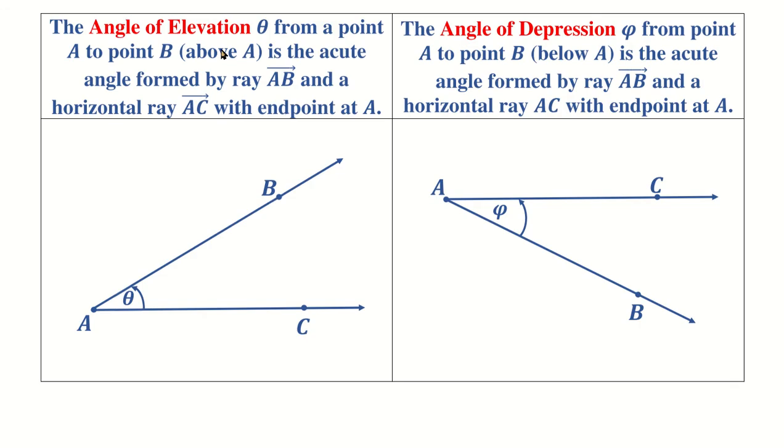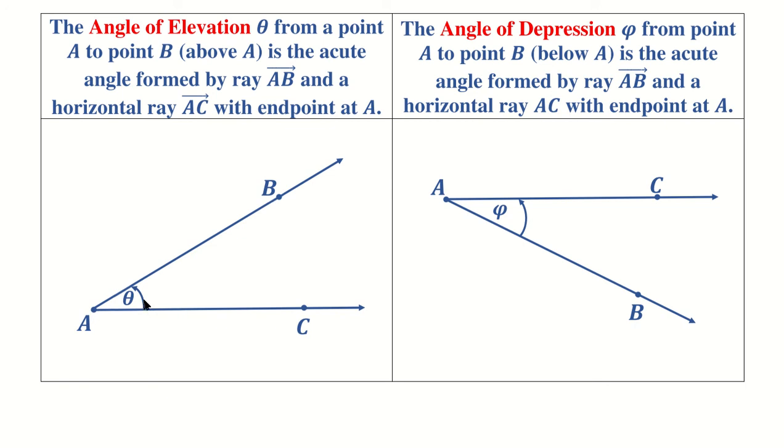The angle of elevation theta from a point A to a point B above A is this acute angle right here that's formed by ray AB and a horizontal ray AC, which has endpoint at A, right? So you want to know what's the angle of elevation from this point to this point. You're going to draw a horizontal from that point, the initial point, right?